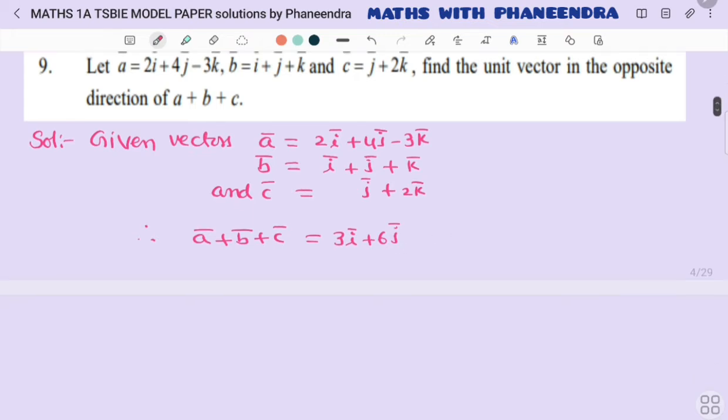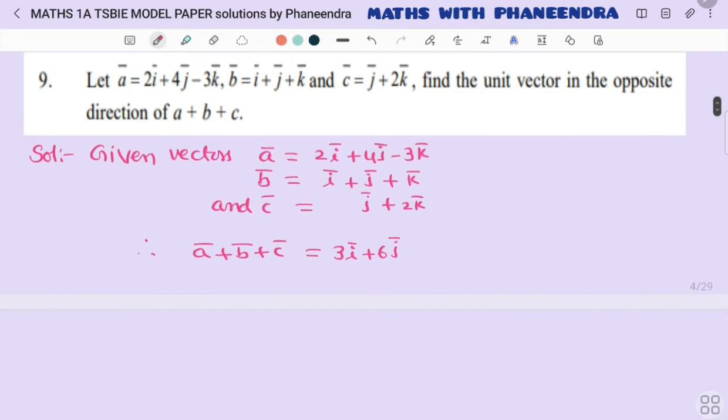They are asking for the unit vector in the opposite direction of a bar plus b bar plus c bar.